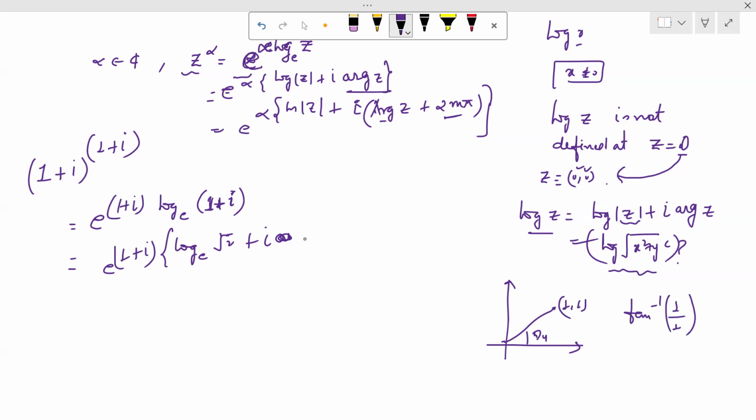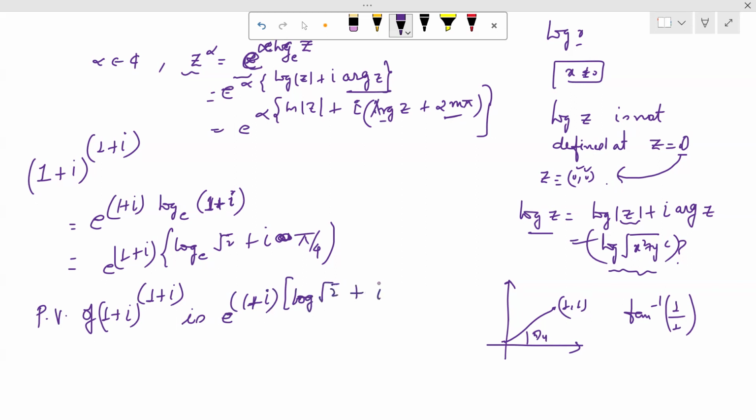So ultimately, the principal value of (1 + iota) raised to power (1 + iota) is e raised to power (1 + iota) times the entire stuff, which is log of root 2 plus iota pi by 4. So this is how you write things.